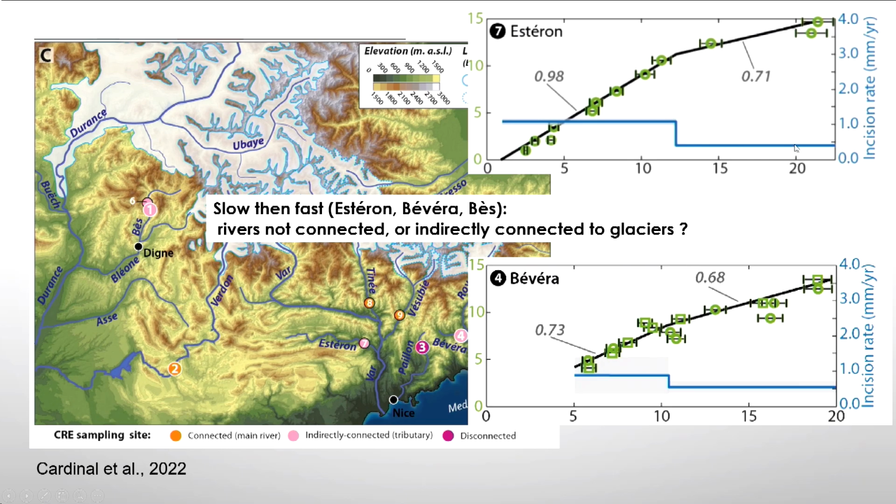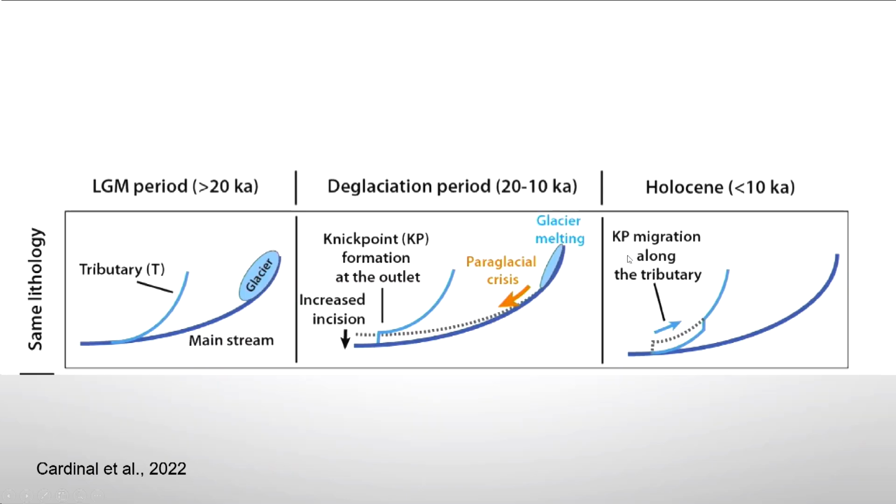We have a first period of low incision rates, 0.5 millimeters per year, and then it increases to 1 millimeter per year, around 10 to 12,000 years. So different behaviors depending on whether the river is directly connected or indirectly connected to the glaciers during the LGM.